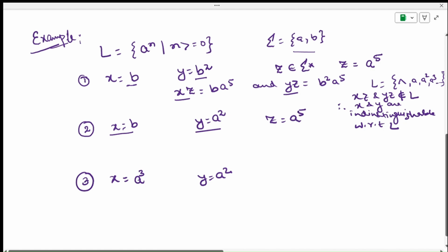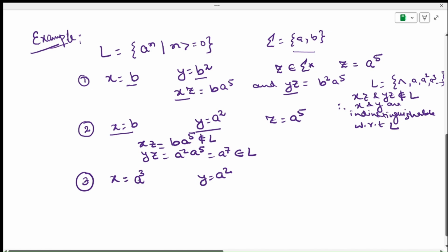Concatenate with x, so xz will become b followed by a raised to the power 5. What is yz here? yz is a square followed by a raised to the power 5, that is a raised to the power 7. That belongs to the language, whereas the string b followed by a raised to the power 5 does not belong to the language L.